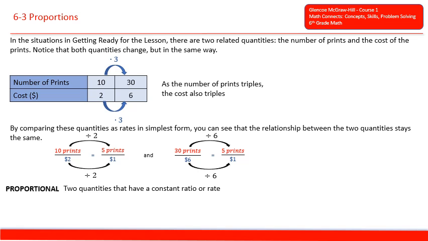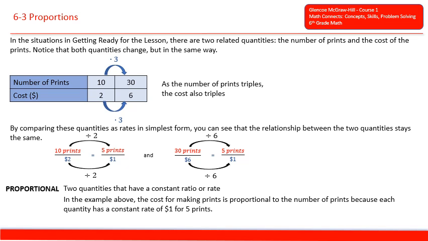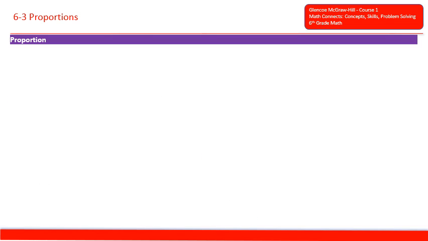Proportional: 2 quantities that have a constant ratio or rate. In the example above, the cost for making prints is proportional to the number of prints because each quantity has a constant rate of $1 for 5 prints. Proportion. In words, proportion is an equation stating that 2 ratios or rates are equivalent.